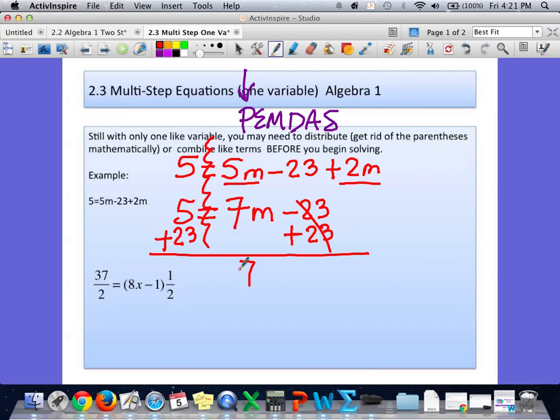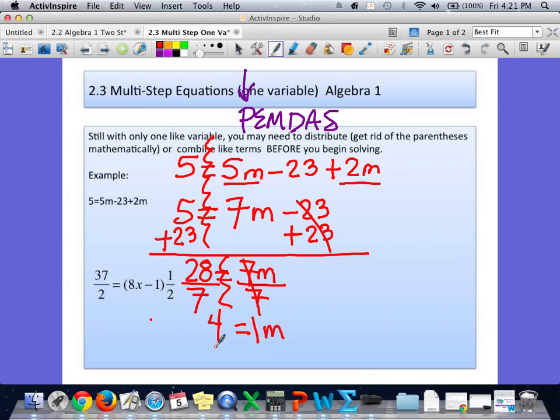That leaves me with 7m is equal to, and 5 plus 23 is equal to 28. All right, solving. I still have a wall. Now this is 28 equals 7 times m. Times is done by division. So I'm going to divide by 7. That gives me 1m is equal to 4.